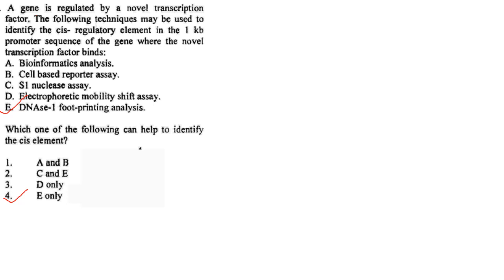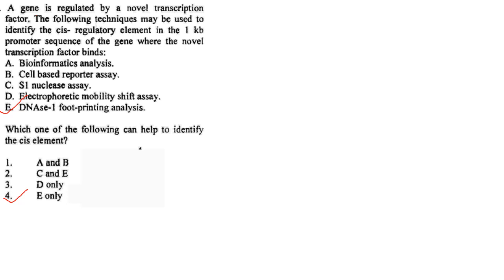So cis regulatory element in the 1 kb promoter sequence of the gene. So what are the ways you can analyze and find out? So it is bioinformatic analysis, no. Cell-based reporter assay, no. S1 nuclease assay, no. Electrophoretic mobility shift assay, it can be used, but since it is a 1 kb promoter sequence, you cannot use EMSA because EMSA is used for analyzing protein DNA interaction on a small fragment, that is around 20 to 30 base pairs.